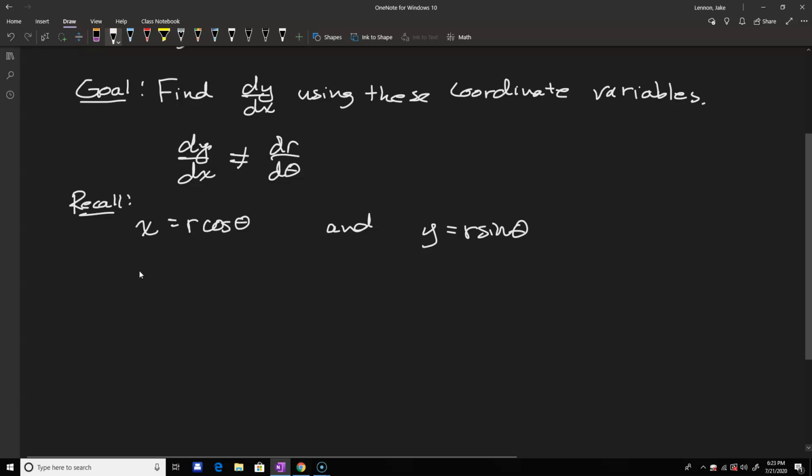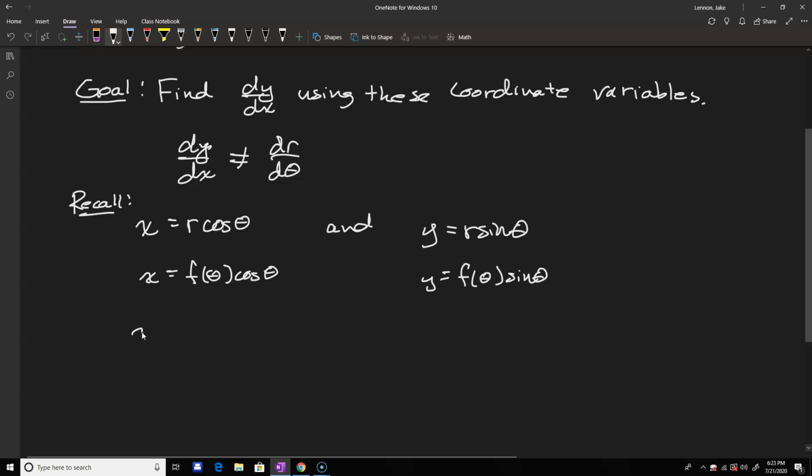What's going on is we can replace that r with f of theta, because that's what r is really representing. And same thing for y. Y is going to be f of theta times the sine of theta. So what does that mean? That means we have a product rule that we have to figure out, right? So we want to take the derivative of both of these things with respect to theta.